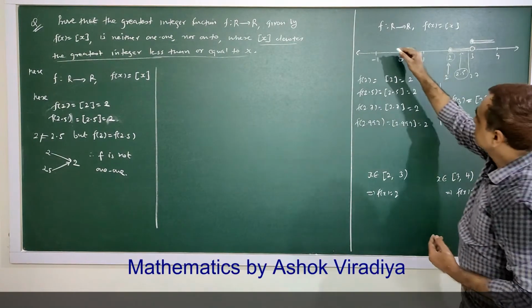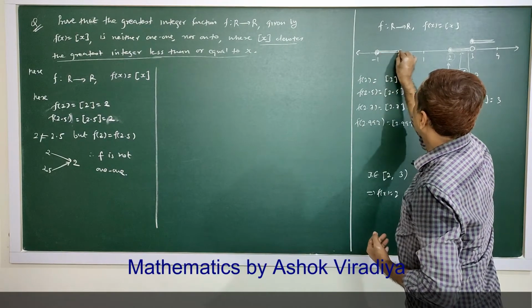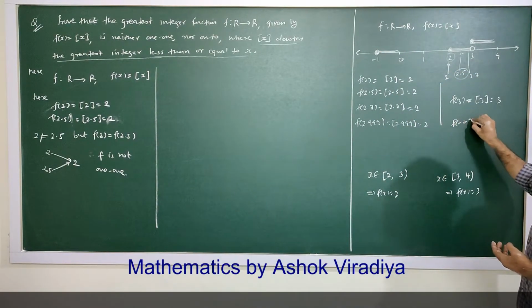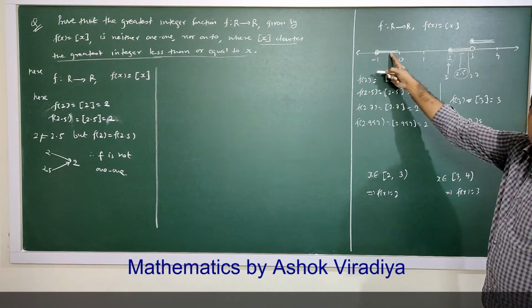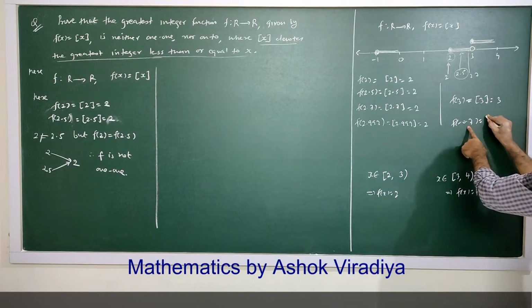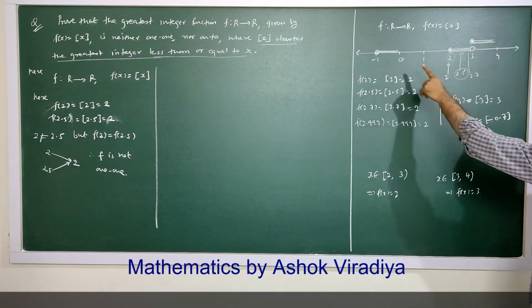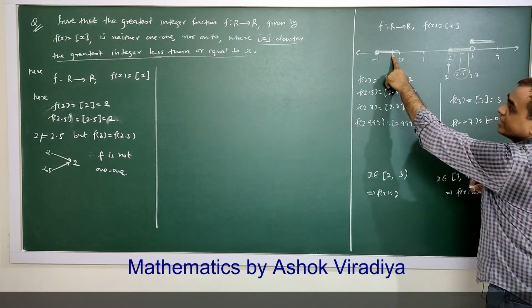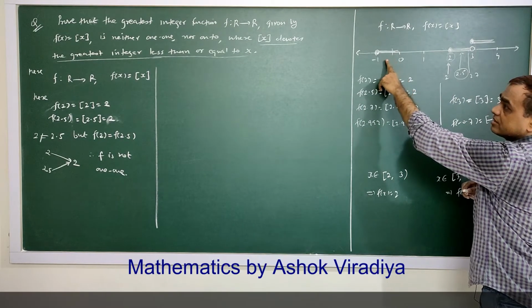Similarly, if you take this interval from -1 to 0, image of -0.7, -0.7 is somewhere here. So the image of -0.7, that is box value of -0.7. Now it is not an integer. What is the first integer on the left side? It is -1.